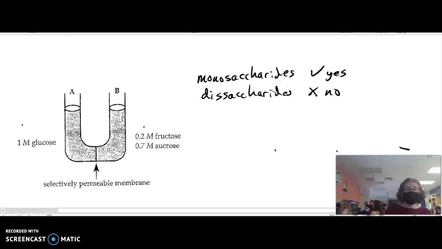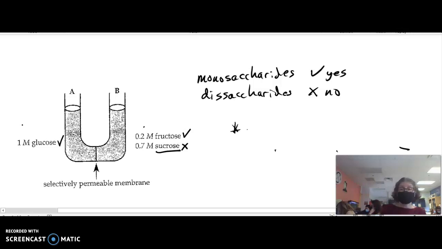Go back to biochemistry. We know that which one of these is a disaccharide? Can you tell me? The sucrose is the disaccharide, so the sucrose cannot move. But the fructose is a monosaccharide. It can move, and so can the glucose. So here's what you need to know, and this is a funny thing about these diffusion problems.